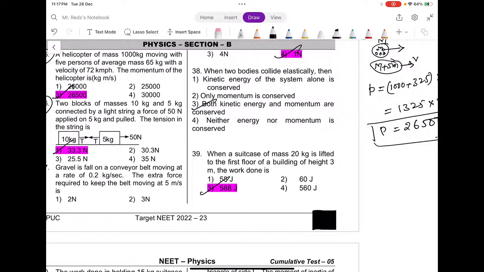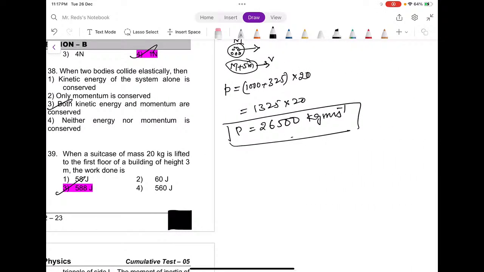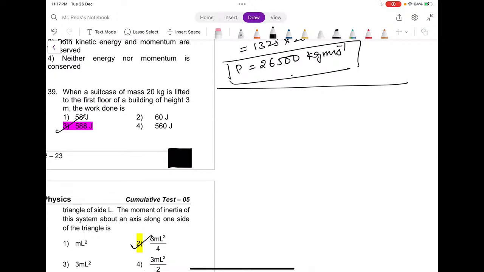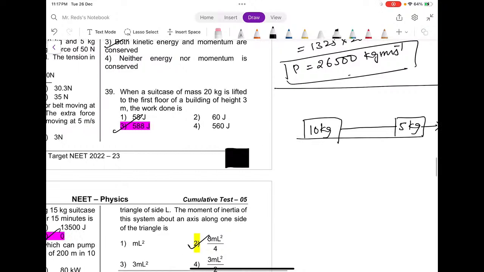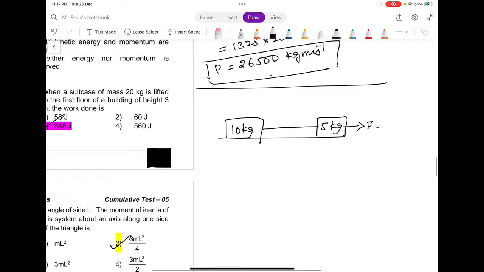See, 10 kg and 5 kg blocks. So this is a surface, a smooth surface, let us say. This is the 10 kg block and this is the 5 kg block. They are connected by a string, and on the 5 kg block a force F is applied. So how much is that? F is equal to 50 Newton.